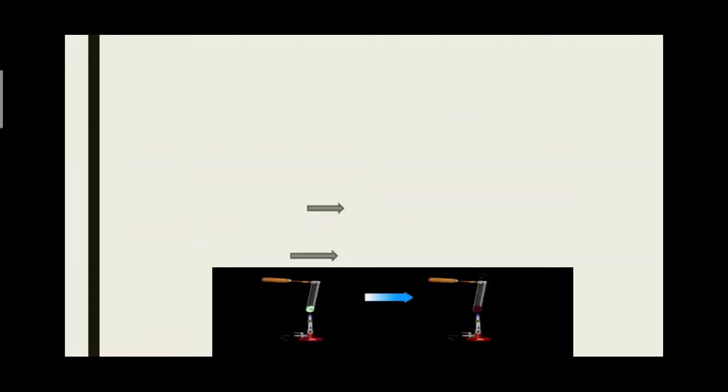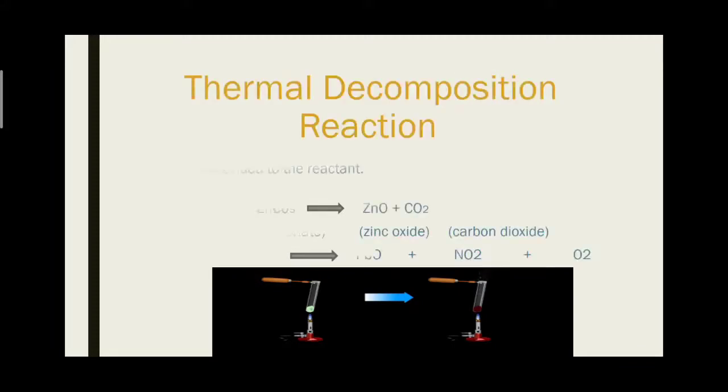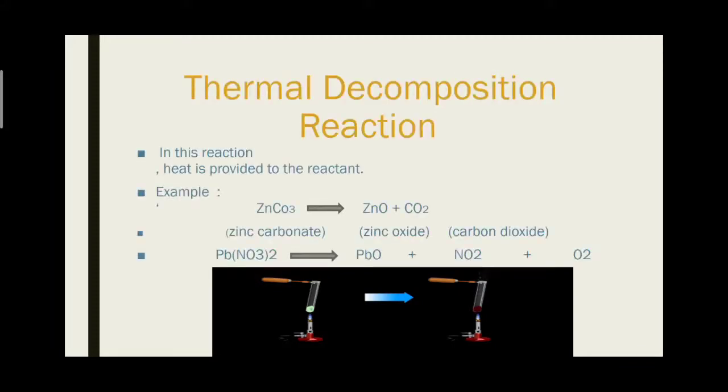Let's see what these reactions are. First, thermal decomposition reaction. In this reaction, heat is provided to the reactant. Of course, it is thermal decomposition, so we are going to heat the substance which is reacting. So ZnCO3, zinc carbonate, when provided heat, gives us ZnO plus CO2, zinc oxide plus carbon dioxide.